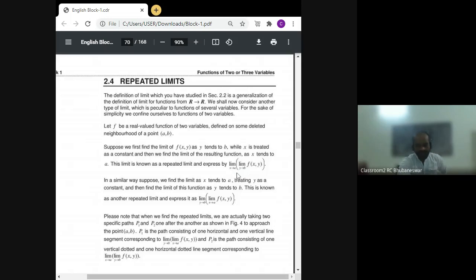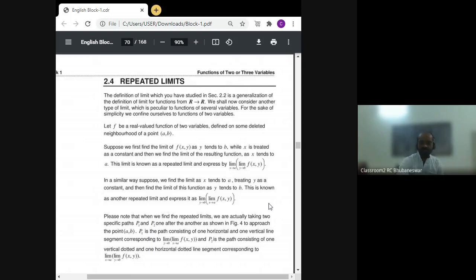That's why this is known as a repeated limit. We are repeating the process twice, first for the variable y and then for the variable x. Or in other words, we can first calculate for x and then for y. That's why this is known as a repeated limit and is expressed in that form.